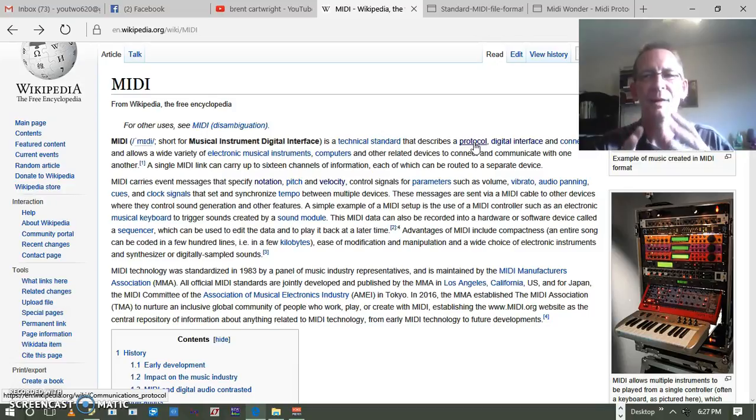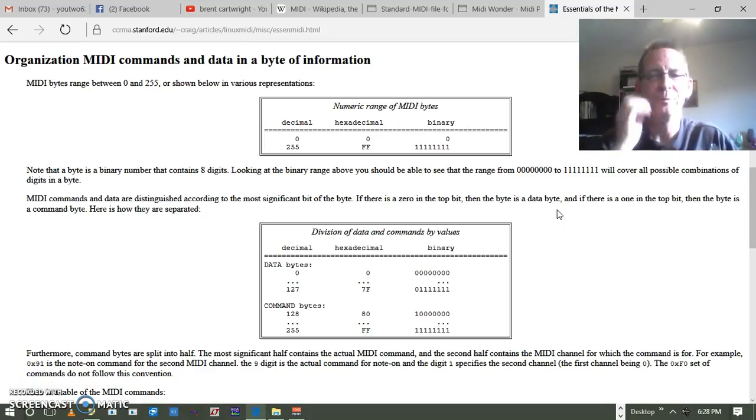So that's a real basic understanding of protocol. So let's take a real quick look at the communication protocol that they've set up for MIDI devices to communicate with each other.